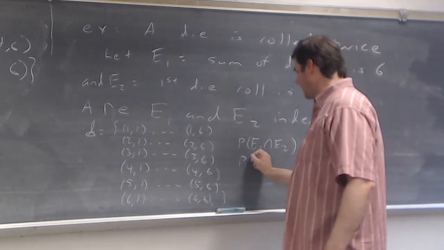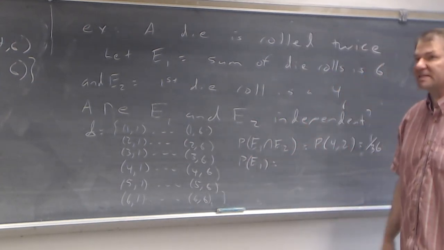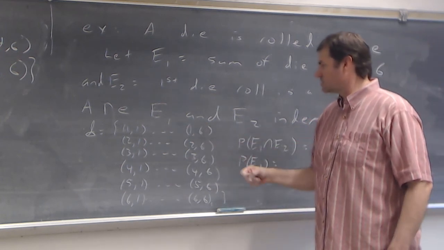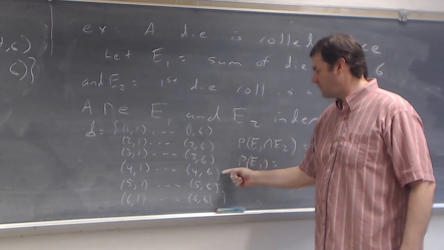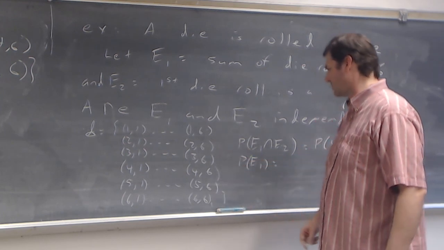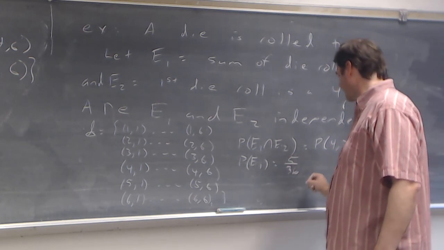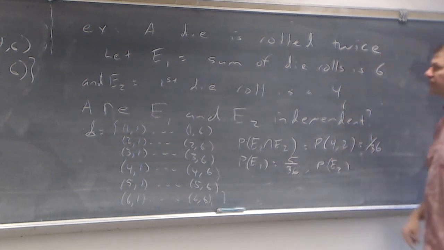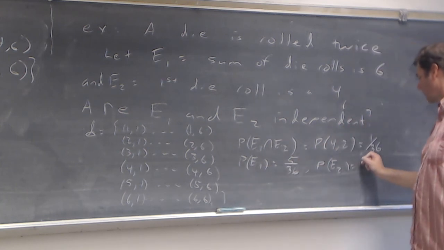Now the probability of E1 is that the sum is a 6. So if I look at my sample space over here, and I ask how many ways there are for the sum to be a 6, well, in this row there's 1 way, 1,5. Here, 2,4, 3,3, 4,2, 5,1. No way to get a sum of 6 here. So it's 5 out of 36. Okay? The probability of E2, which is that the first die roll is a 4, well, that's 6 out of 36, or 1/6.